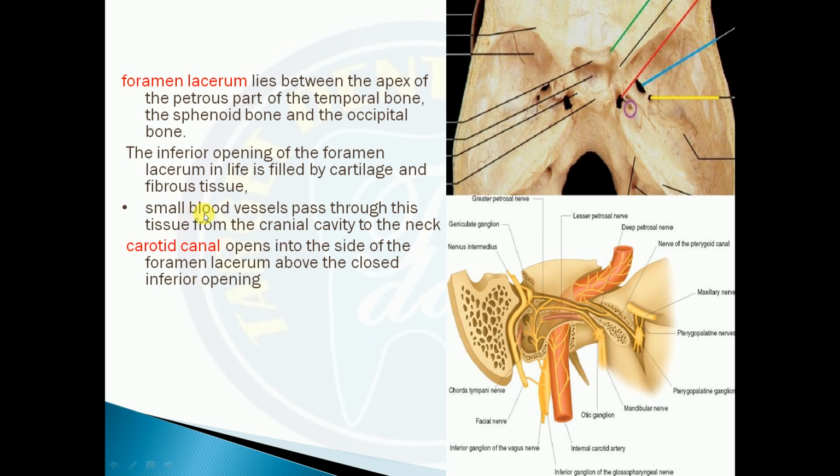Very important: a small blood vessel passes through this tissue from the cranial cavity to the neck. The carotid canal opens into the side of the foramen lacerum above the closed inferior opening.